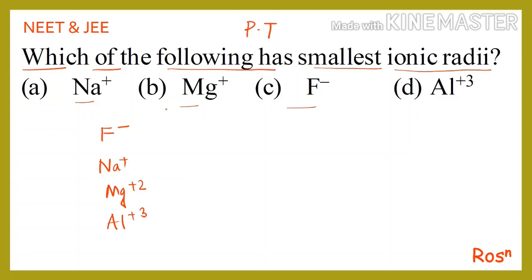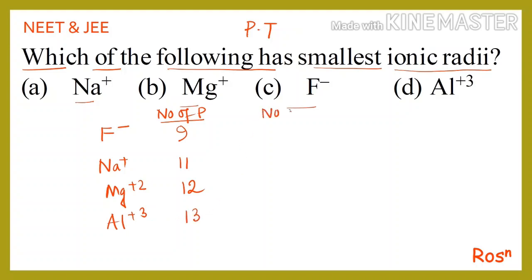Clear? Here the number of protons is 9 for fluorine, 11 for sodium, 12 for magnesium, and 13 for aluminium.